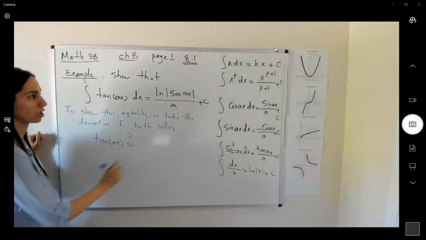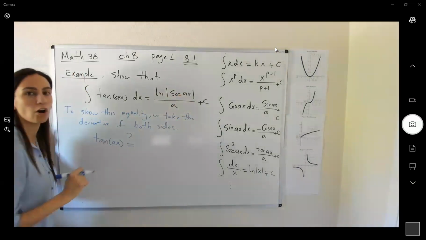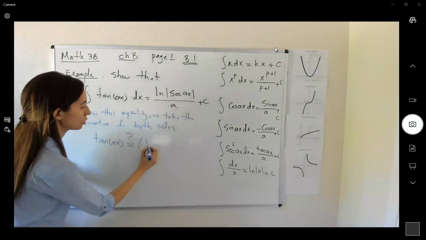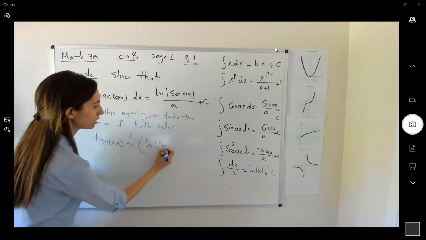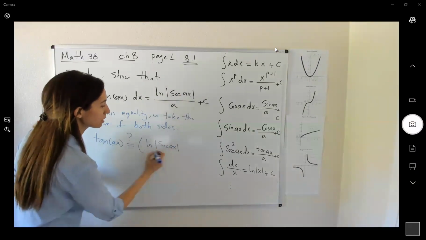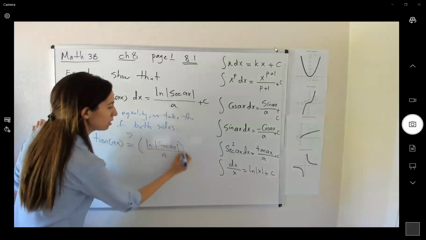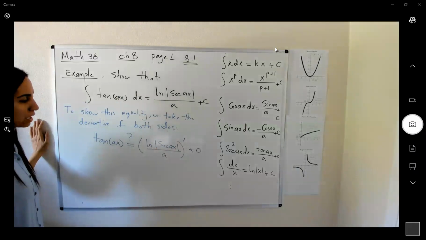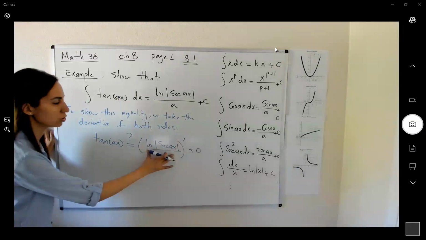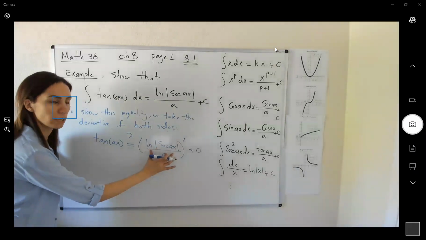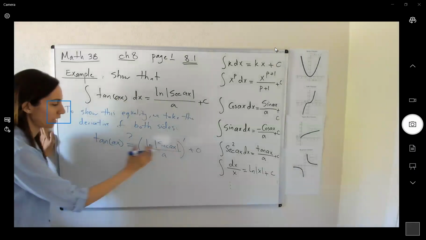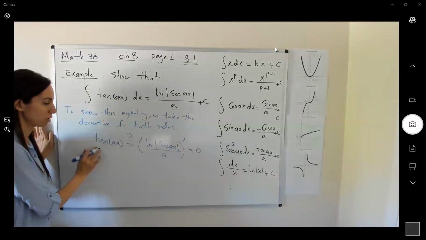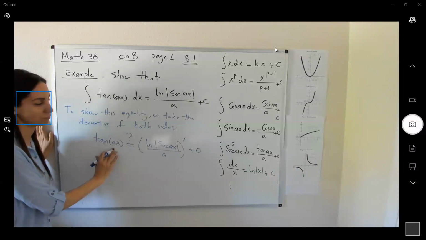On the right-hand side, you are taking the derivative of ln. So here you have ln of absolute value of secant ax divided by a, and the derivative of a constant is 0. So our goal is just to take the derivative of the right-hand side and show that it's equal to tangent ax.